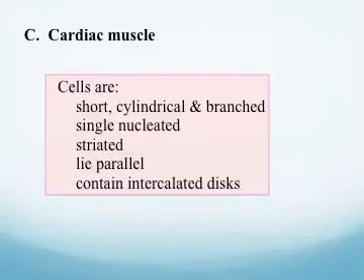They are striated. They do lie parallel, and they contain an odd structure called intercalated discs. You can think of these as some cell-to-cell connections that contribute to the branching. Pause and get these down if you need to.